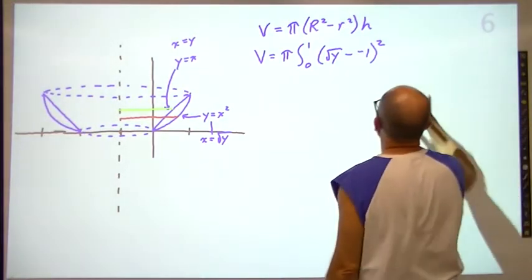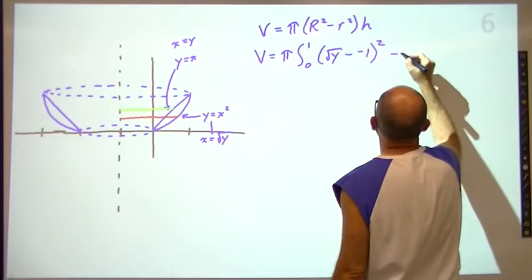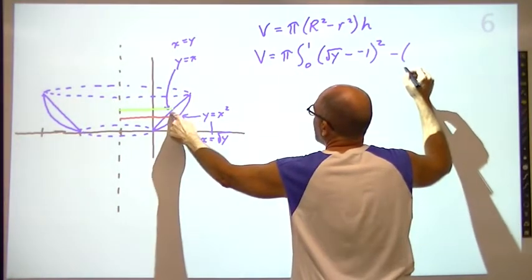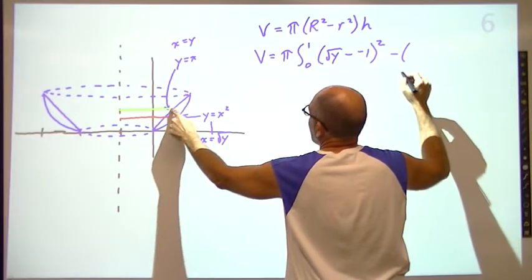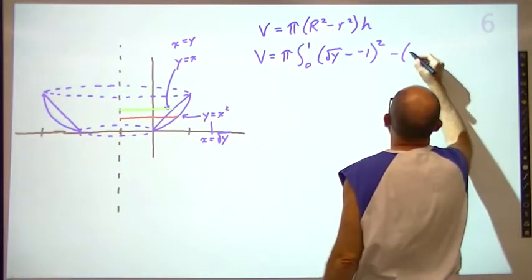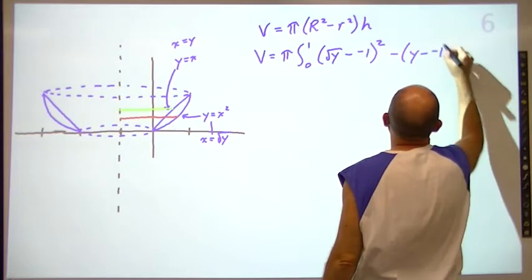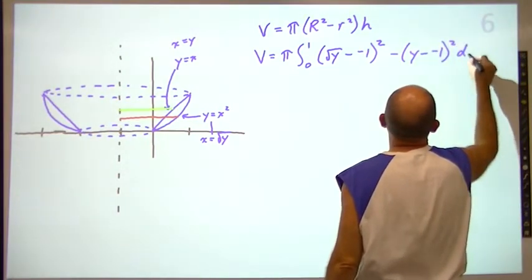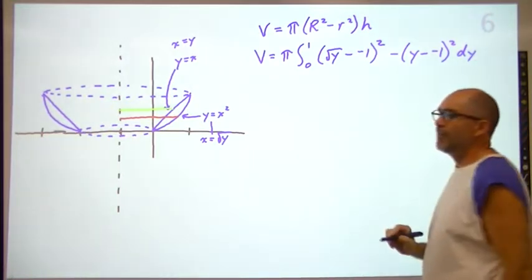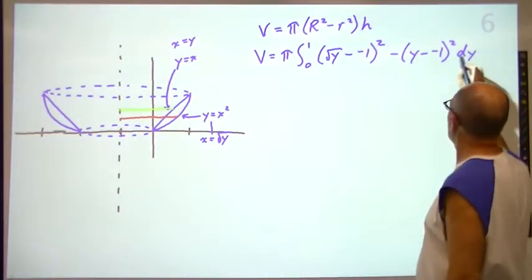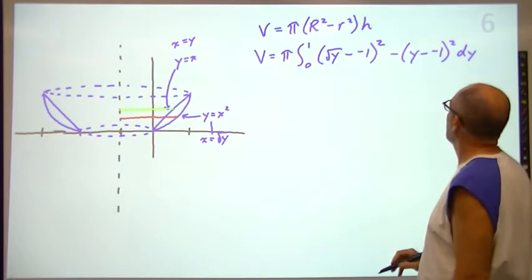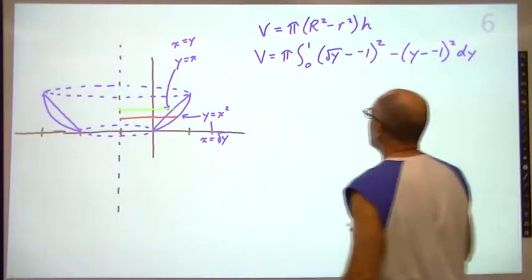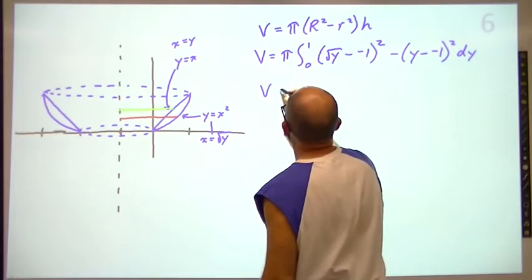So this becomes minus small r squared, which is y minus negative 1, squared. And this whole thing is times the thickness of each washer, which is dy. There we are again. Bam! All done. So let's do this thing.